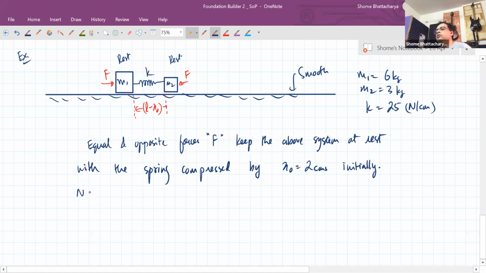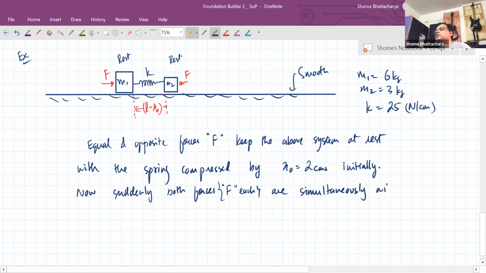Now, suddenly, both forces of magnitude F each are simultaneously withdrawn. So what will happen the moment we withdraw these forces?